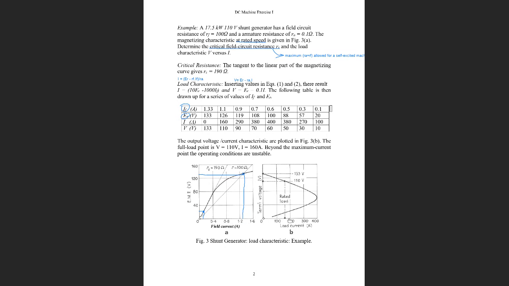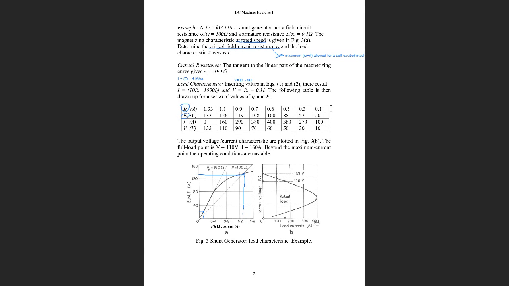Meanwhile, for 400 amperes and an internal generated voltage of 100 volts, the terminal voltage can be estimated: 400 times 0.1 is 40, and 100 minus 40 is 60. So you have 60 volts.